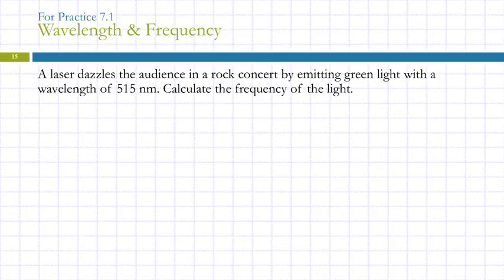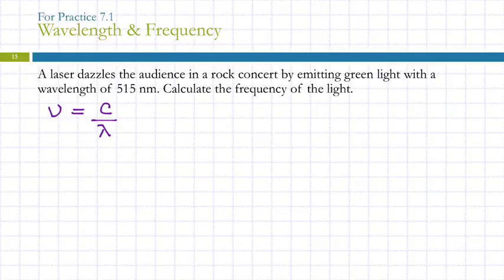Okay, a math example here. A laser dazzles the audience in a rock concert by emitting green light with a wavelength of 515 nanometers. Calculate the frequency of the light. So there's an equation for this. Frequency is equal to the speed of light divided by the wavelength.